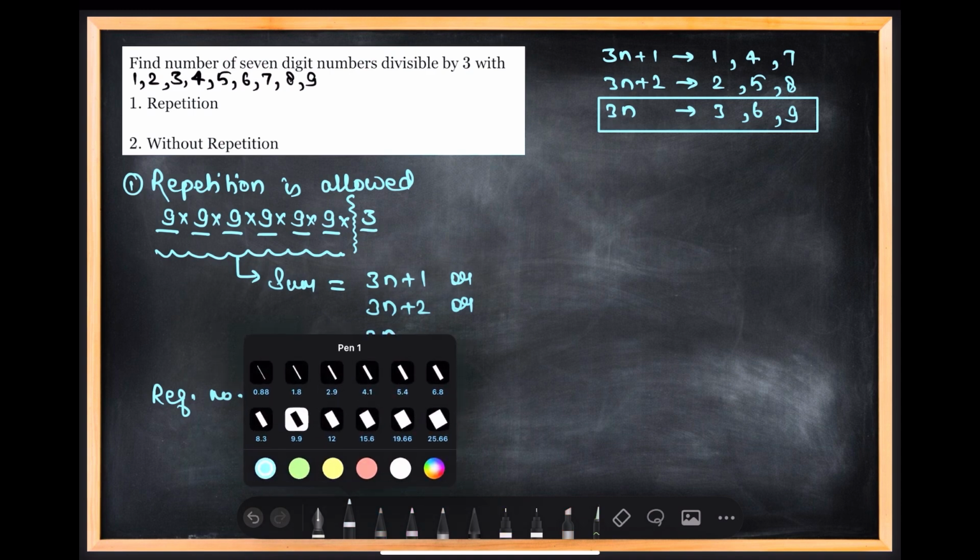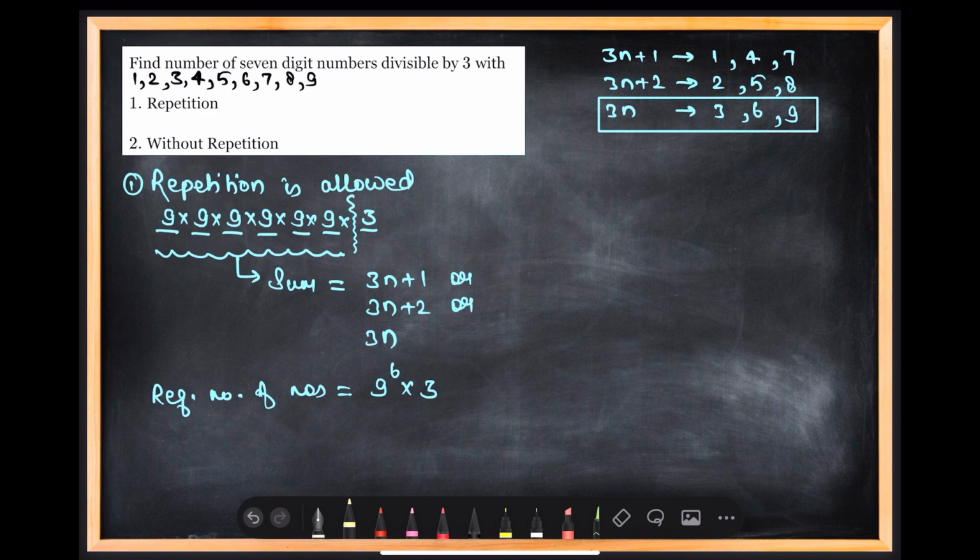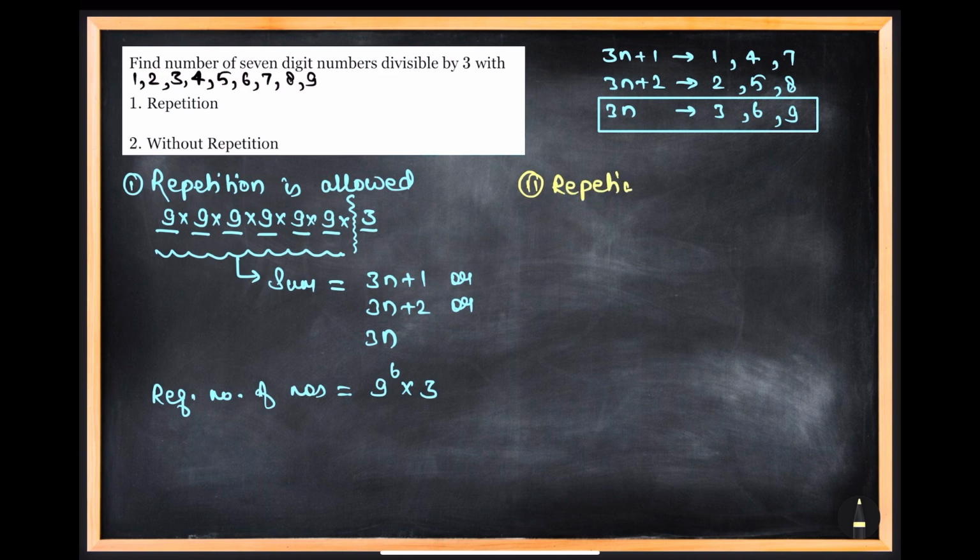Now let's move on to the second part where repetition is not allowed. Now look at this. Suppose that in your classroom there are 9 persons numbered from 1 to 9.